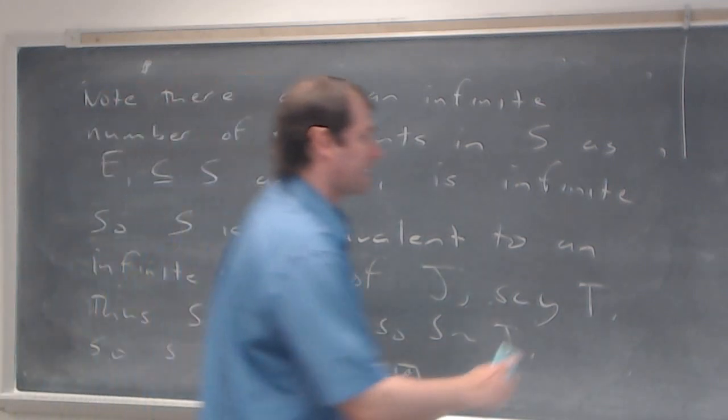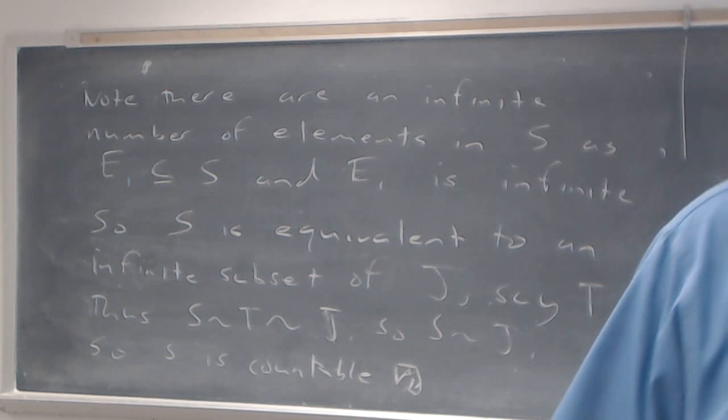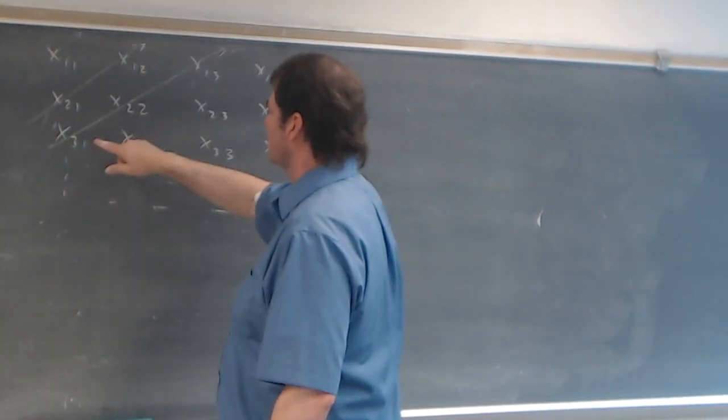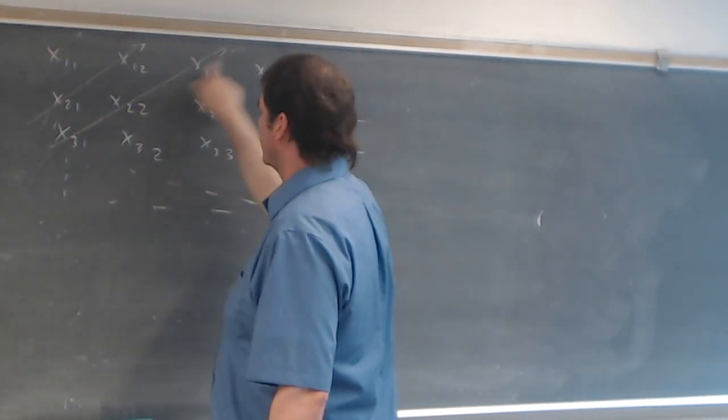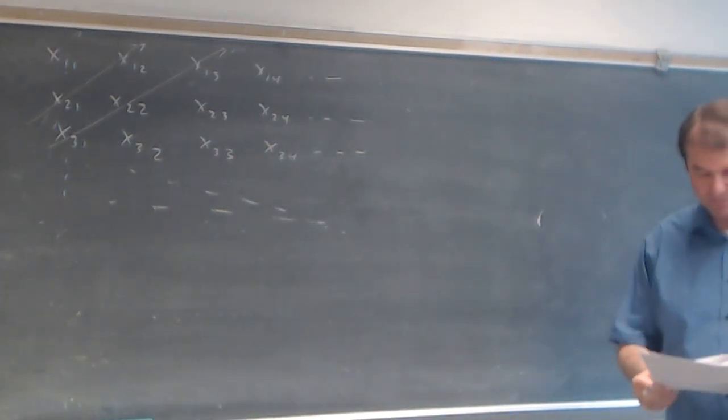I want to go back and look at the way that we diagonalized the terms of S in this array. So I'm going to go back to that. And we did them x of 1, 1, x of 1, 2, x of 2, 1, and in this way. And so what I wanted to give you was a little bit more detail about that.